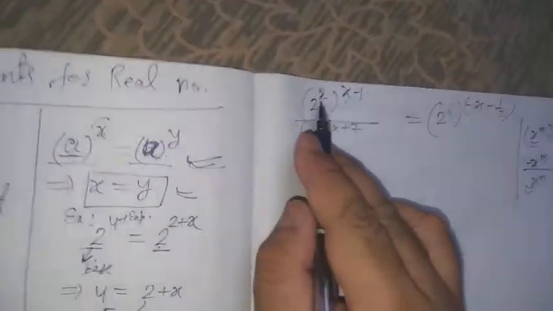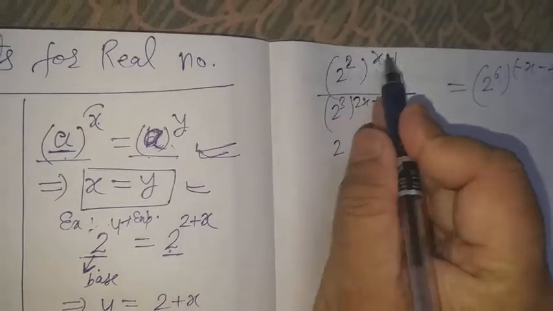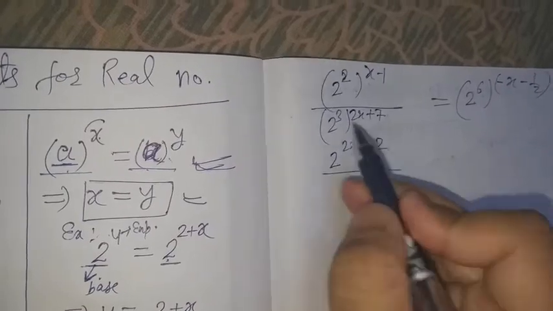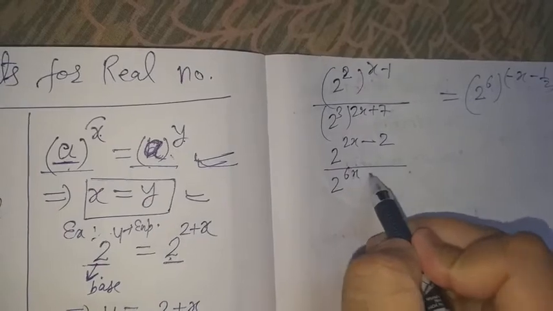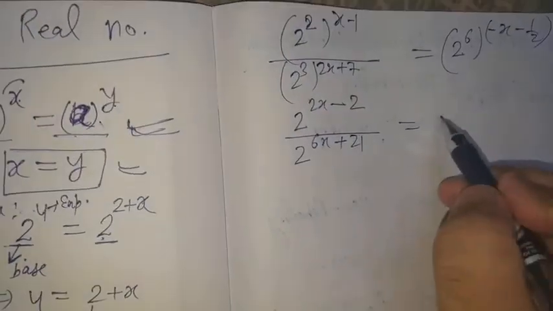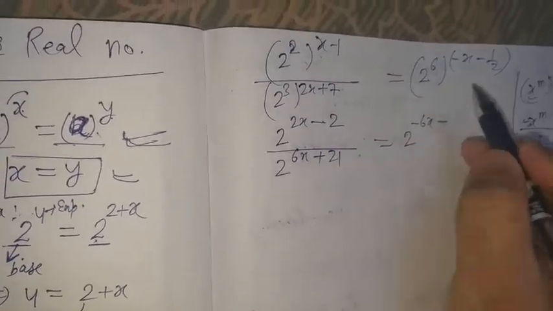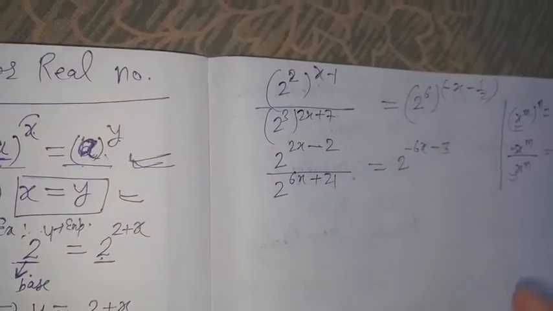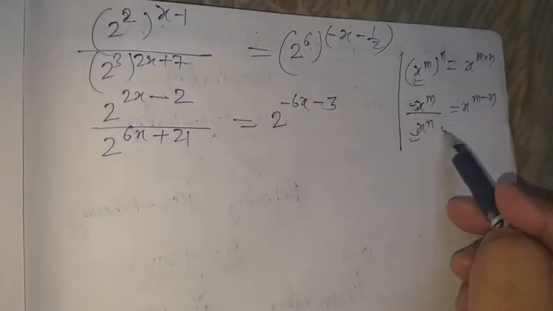So multiply the powers: 2x minus 2 upon, 2 to the power 3 times (6x plus 7), 3 into 21. Same way, 2 to the power minus 6x minus, if you multiply 6 into 1 by 2, this becomes minus 3.